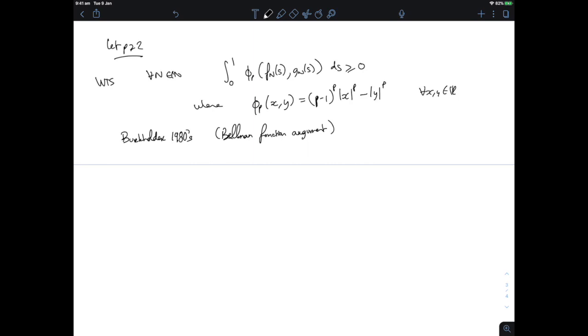And the other reason is because this type of argument has become extremely popular in the last, what is it now, 10, 15 years probably. They've been very much popularized by a group of mathematicians named Fyodor Nazarov, Sasha Volberg, Sergei Treil.